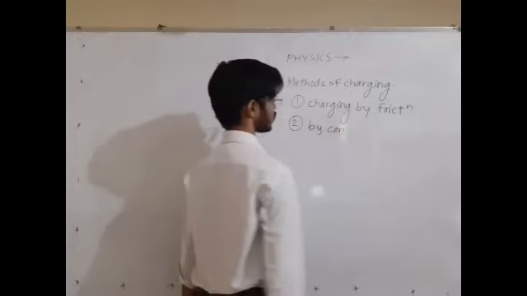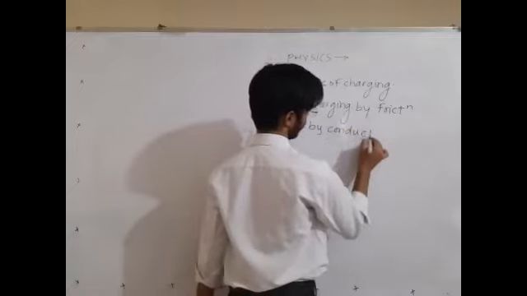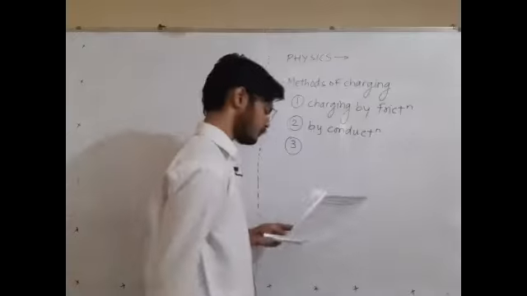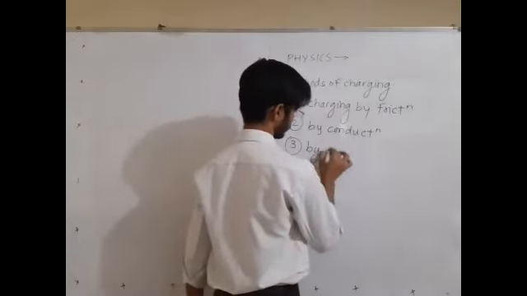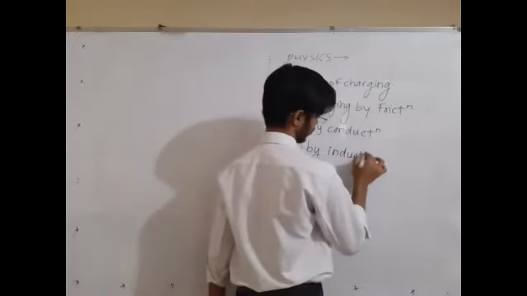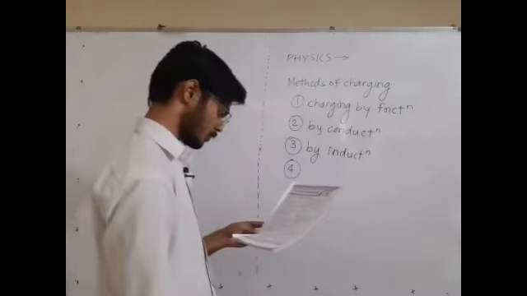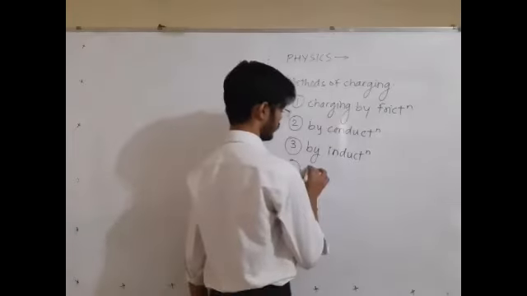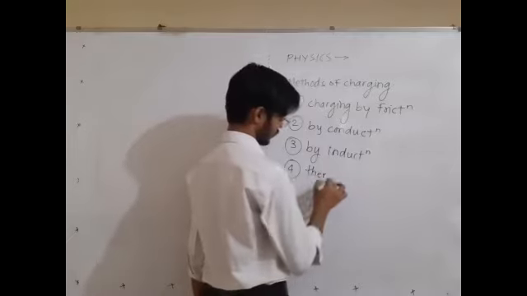We can provide charge to the body by the method called conduction. What is conduction? We will learn. Number 3, by induction. What is induction of charges? That we will learn. Number 4, thermionic ionization or thermionic emission. We will learn what thermionic emission means.